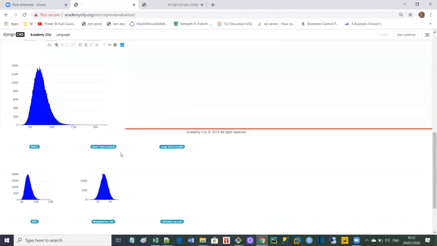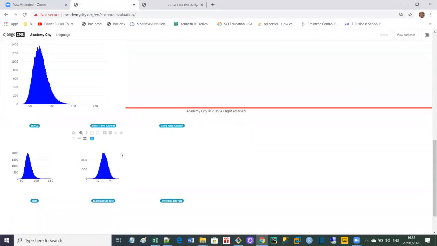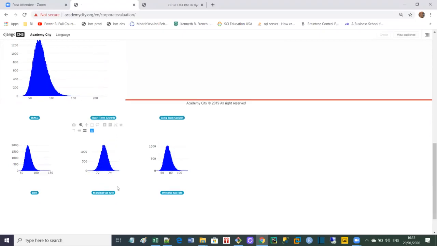So we can say the solution is much more sensitive to our assumptions about the WACC and less sensitive to the short-term growth. The long-term growth has a much bigger effect than the short-term assumptions on the value we use for the estimation.